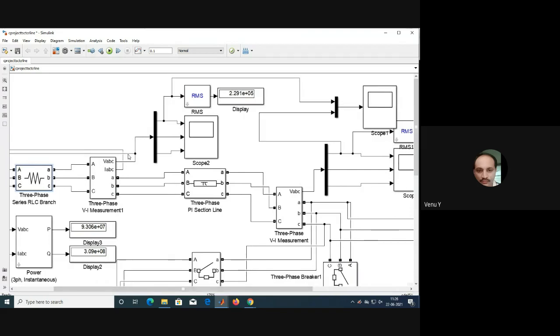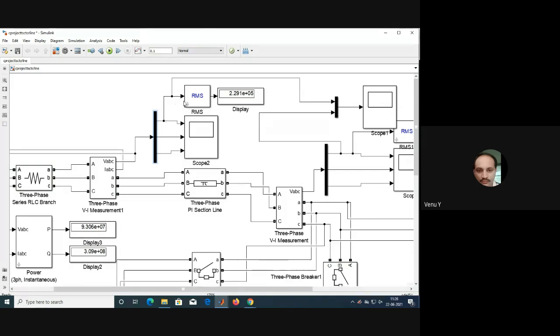Now this three-phase voltage, using Demux, you can divide into 3: VA, VB, VC. You can connect the scope so that you can get the voltage waveforms separately, per-phase voltages.